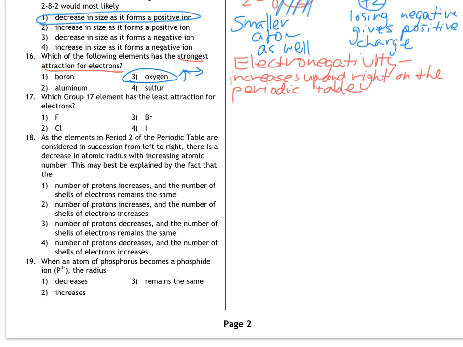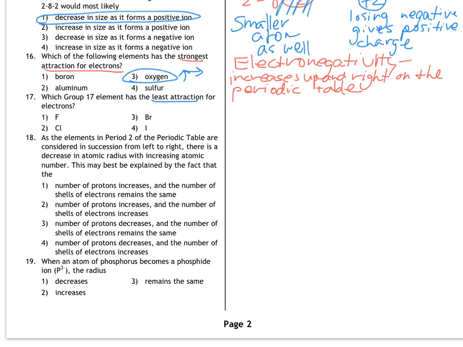So number 17 is very similar. It says, which group 17 element has the least attraction for electrons? So again, they are talking about electronegativity, but this time they want the lowest electronegativity. So since electronegativity increases as you move up and right, then it decreases as you move down and left.